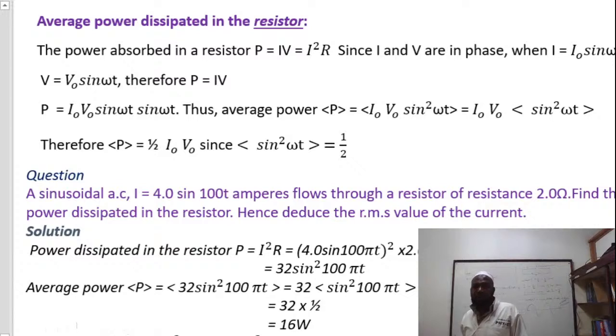Or you can use the other alternative of simply saying that I naught is that, so you can simply say that I naught is equal to 4.0.